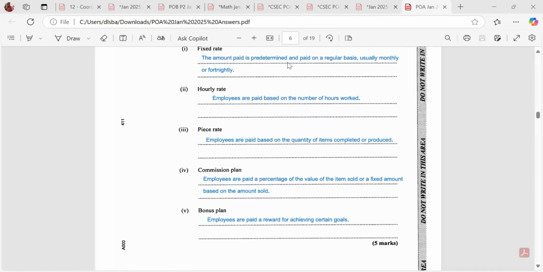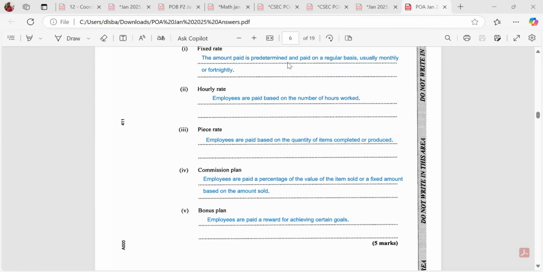Commission plan is when you get paid for selling items. So let's say you work in a car dealership and you sell a car, you'll get paid a percentage of the value of the car. Or if you're in real estate, that's why real estate people just make a little bit of change, right? Even if your commission is 3%, imagine 3% on a $3 million house that you sell.